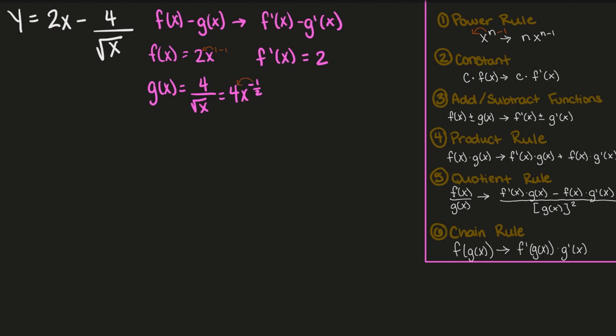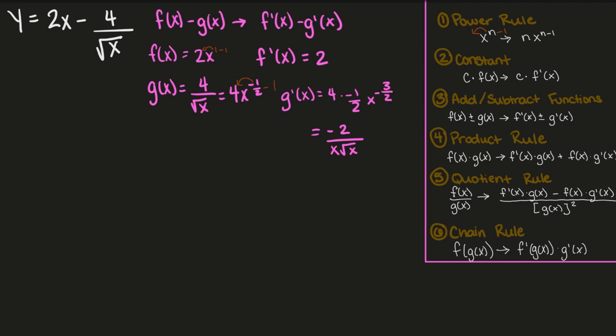Same thing, we're going to bring this negative 1/2 up and subtract 1. So g prime x is going to become 4 times negative 1/2 x to the negative 1/2 minus 1, which is 3 over 2. Or we get negative 2 over x times the square root of x for our g prime of x.